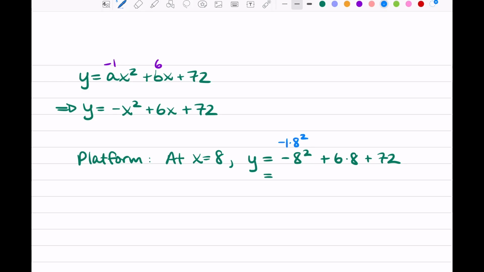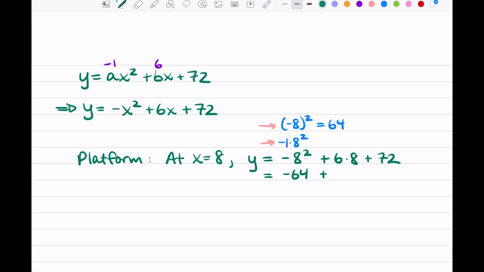So our order of operations says to do the exponent first. So we get negative 1 times 64, which is negative 64. If it said negative 8 squared, that's negative 8 times negative 8, which would be 64. So you have to be careful with which of these we're talking about.